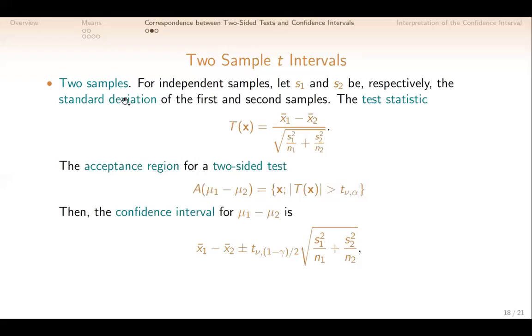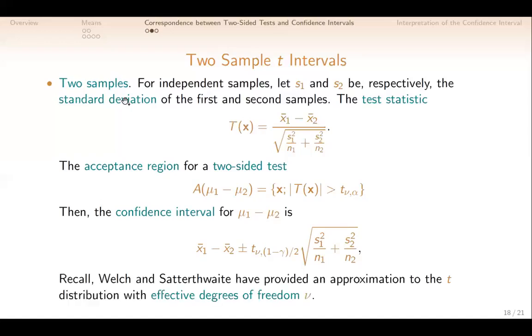And so you can turn that into a confidence interval. The confidence interval is going to be x1 bar minus x2 bar plus or minus the t distribution with new degrees of freedom, at 1 minus gamma over 2, times the estimate of the standard error, which comes straight from the denominator of the t statistic.